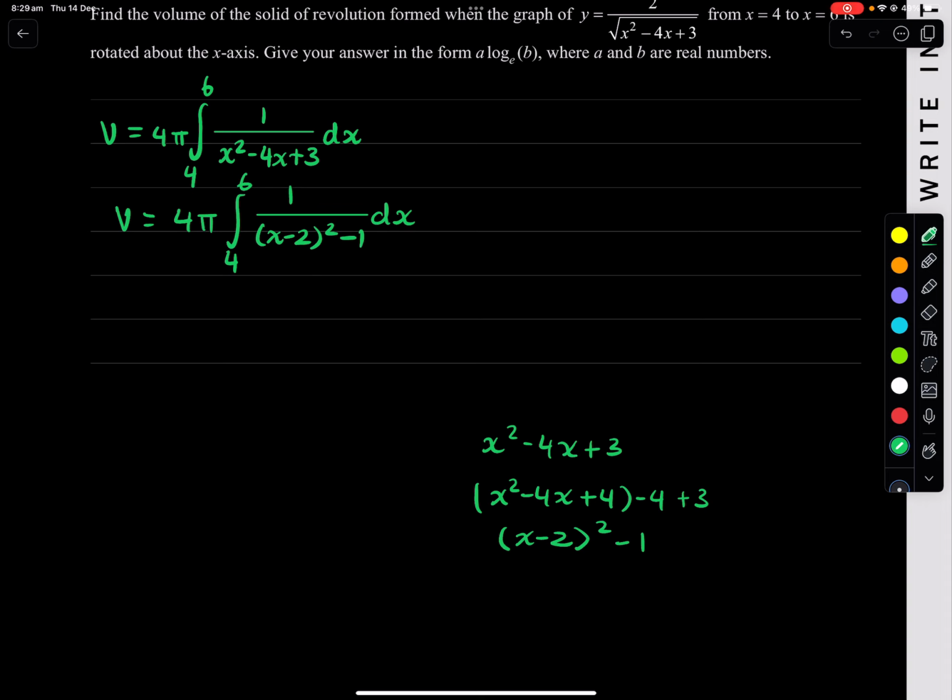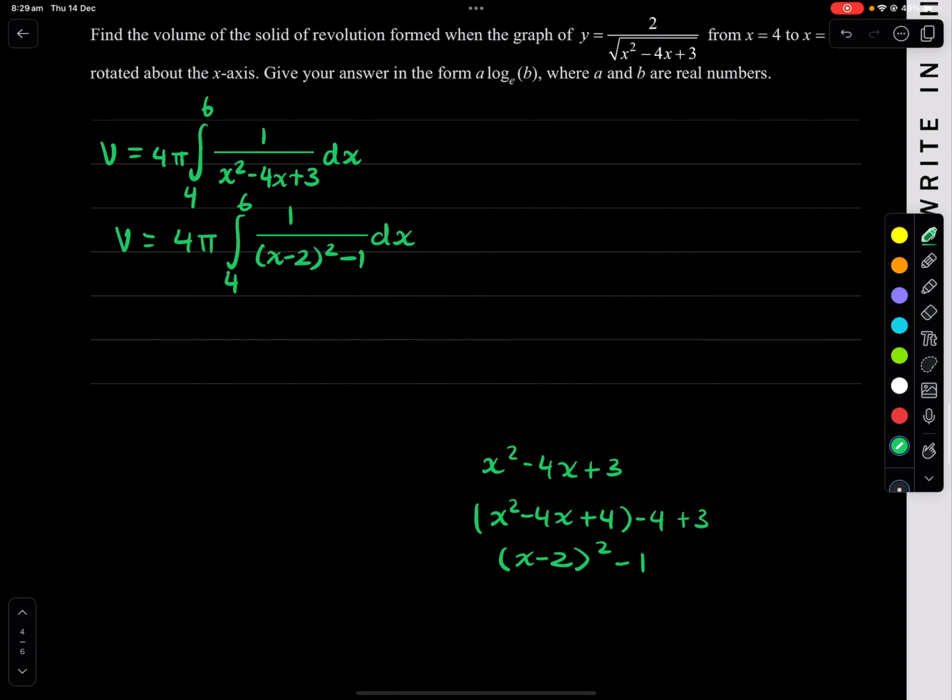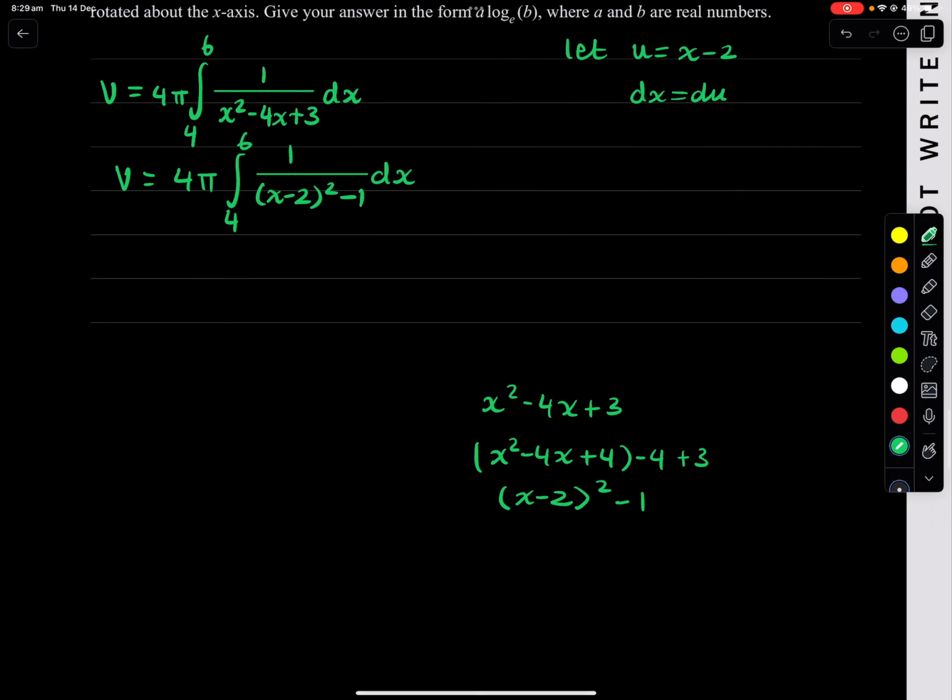Okay, what about if we use a u substitution? Let u equal x minus 2, so then dx is just du. Maybe that can help us. So 4 pi, the integral of 1 over u squared minus 1 du.